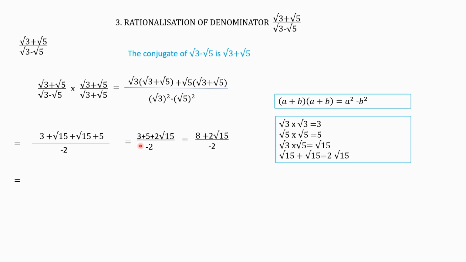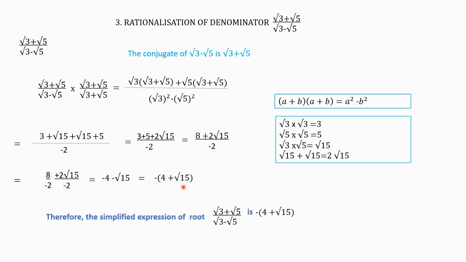We get minus 4, and 2 root 15 divided by minus 2, we get minus root 15. Bringing up the minus sign, we have minus 4 plus root 15. Therefore, the simplified expression of root 3 plus root 5 upon root 3 minus root 5 is equal to minus 4 plus root 15.